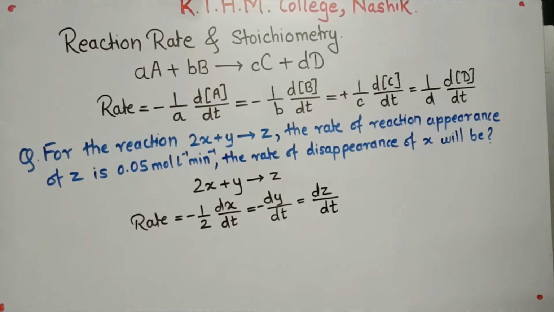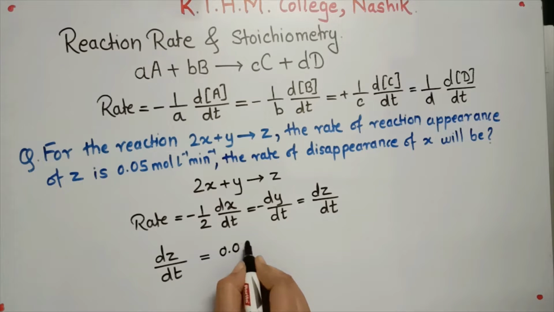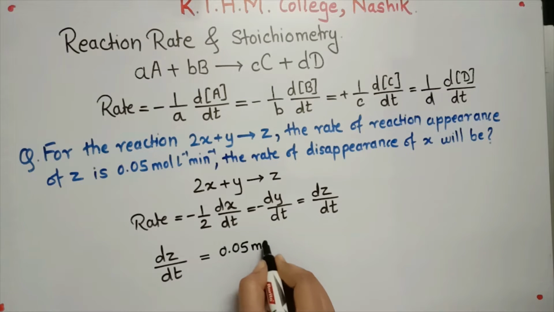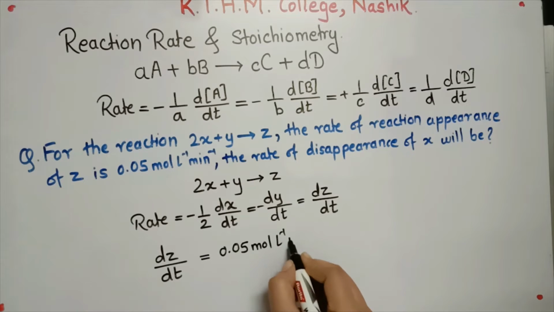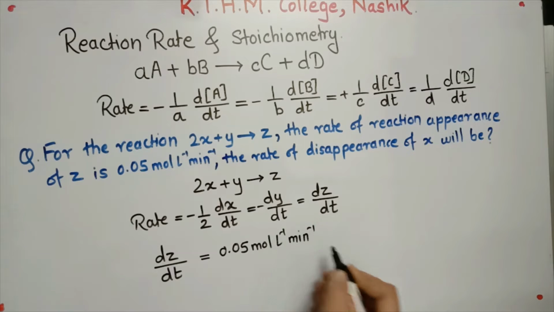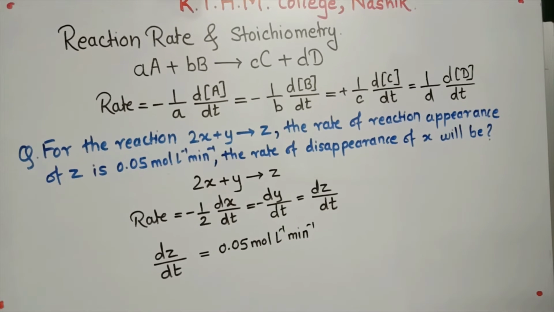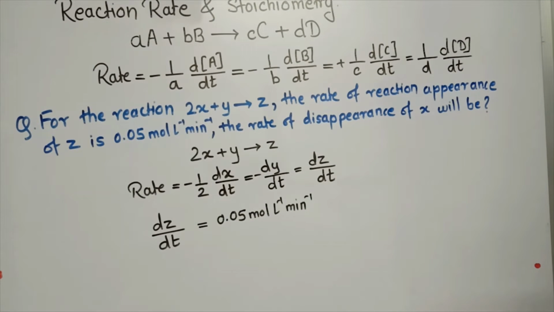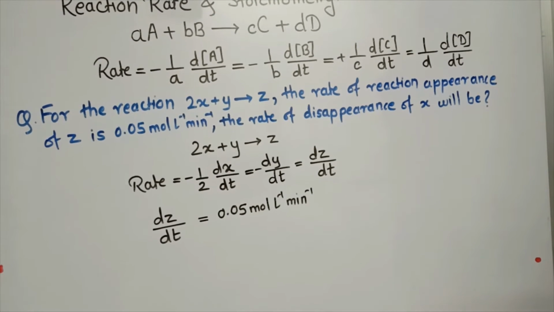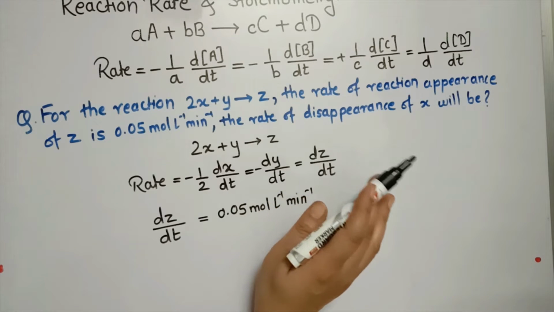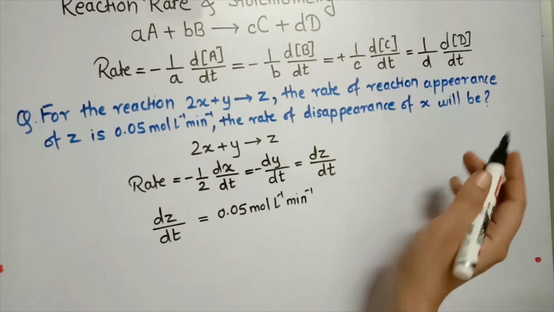Okay. So in the question, what is given? Appearance of Z, that means dz upon dt, which is equal to 0.05 mole per liter per minute. Okay. And what have you been asked to find? The question is, the rate of disappearance of X will be.